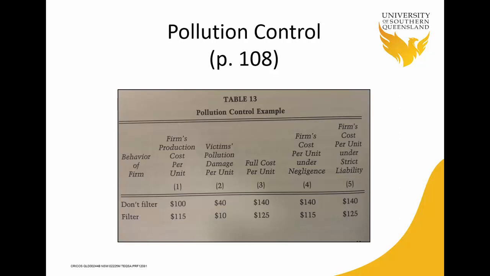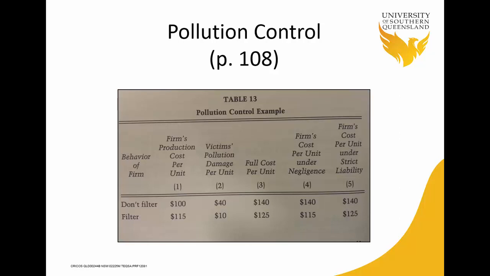Now the victim's pollution damage per unit is going to be assumed to be $40 if the firm does not filter, but it drops down by $30 if they filter. You can already see that if you invest $15 to install the filtration system, or the smoke screen, whatever you call it, then that $15 investment, if you like, is going to return $30 benefit on the victims.